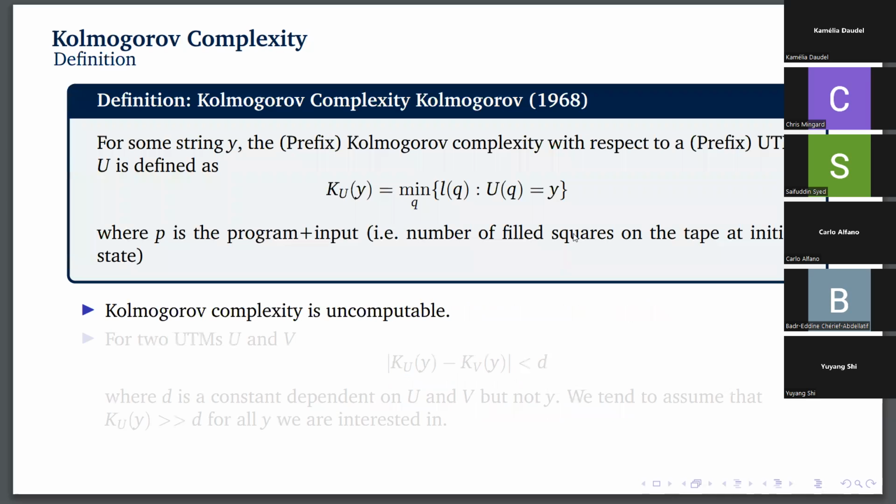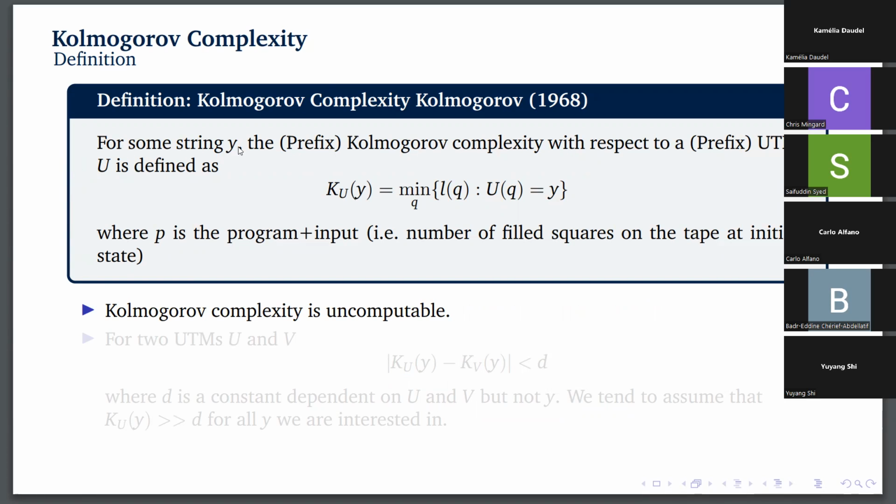Arguably the first people to adequately capture this were Kolmogorov and Solomonoff. They both worked on this at around the same time, and they came up with this definition.